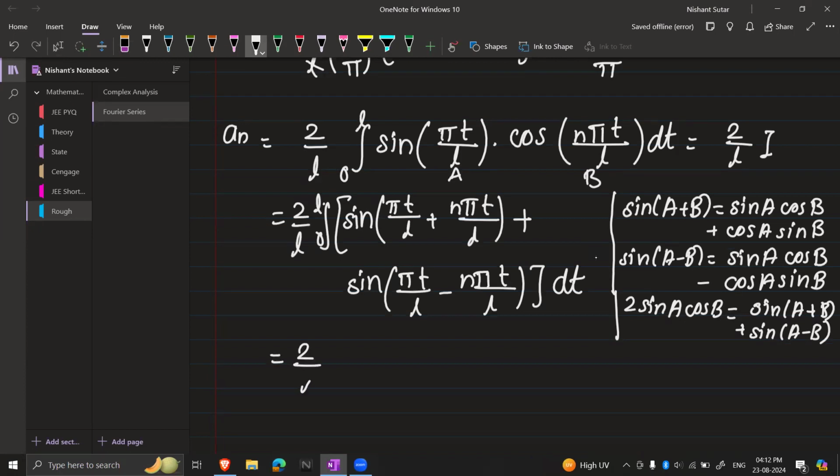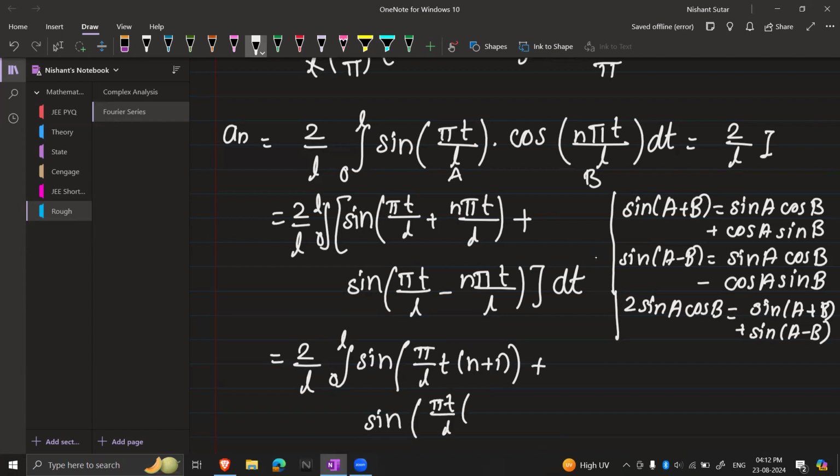I can simply rewrite this as integral 0 to L sine of pi t by L into n plus 1, plus pi t by L into n minus 1, and we are integrating this quantity.